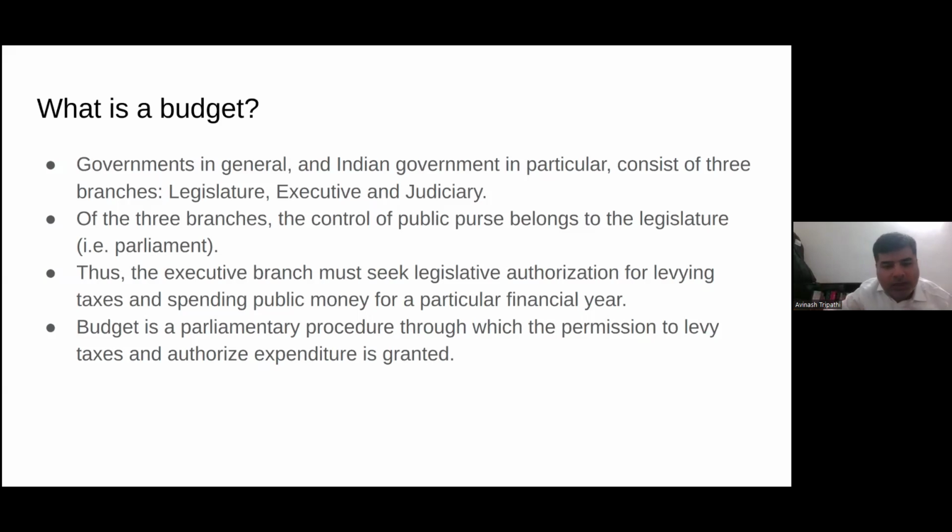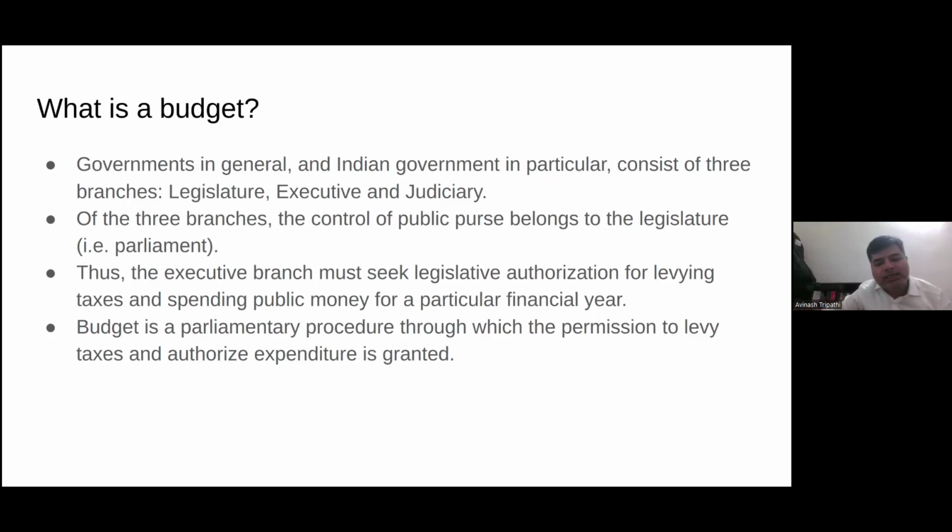But whenever you are paying tax, there is an element of compulsion involved. When you are paying, for example, income tax or VAT or any other tax, if you are falling in the bracket where you have to pay your taxes, then you have no other option, you have to pay it. So there is an element of compulsion involved.